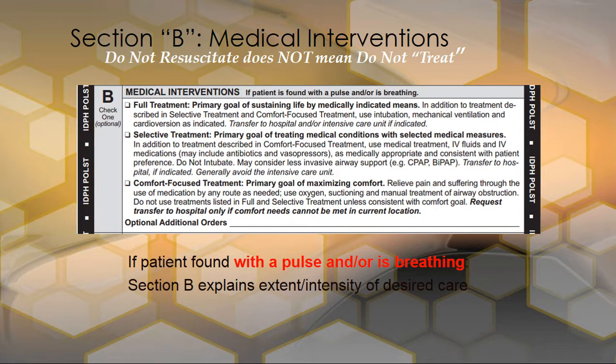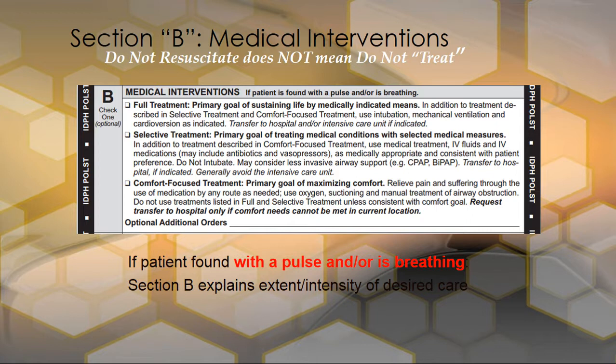And then the last box is comfort-focused treatment. So really, we're looking at sole comfort measures here. So relieve pain and suffering through the use of medication by any route as needed, use oxygen, suctioning, manual treatment of airway obstruction such as manual maneuvers, head tilt, chin lifts, jaw thrusts, things of that nature.